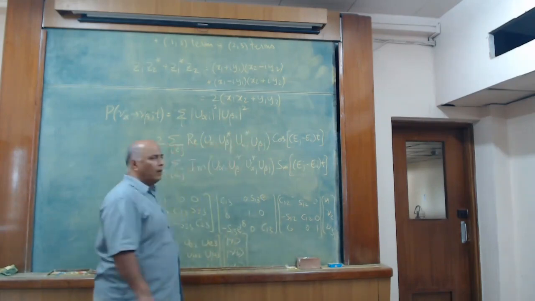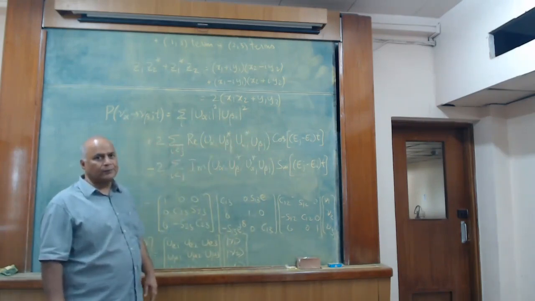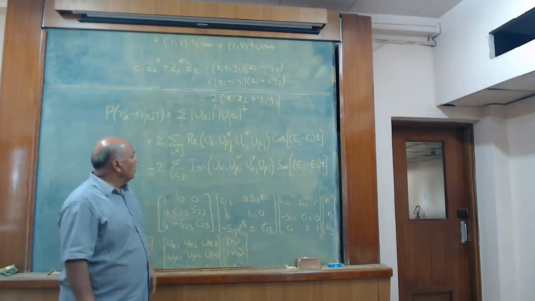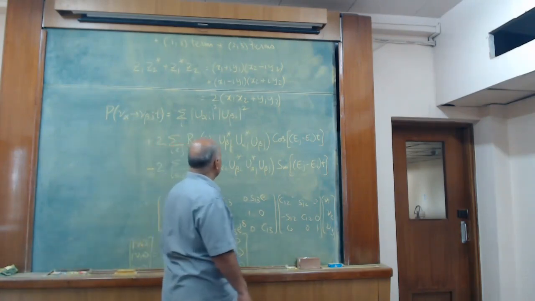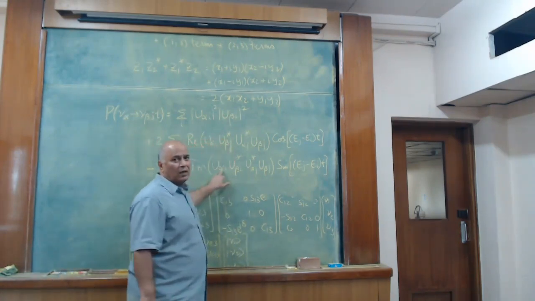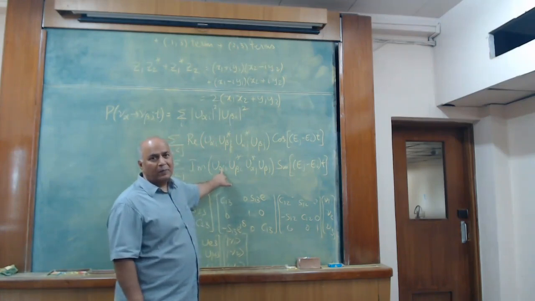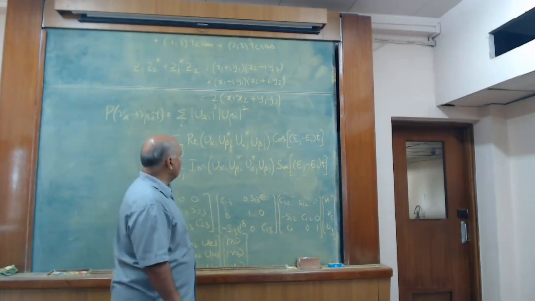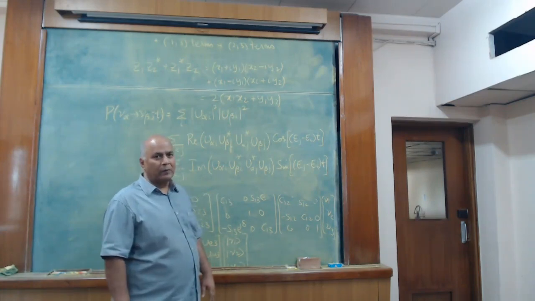So that is why I have a minus sign. So this is the extra term which is coming in my oscillation probability.